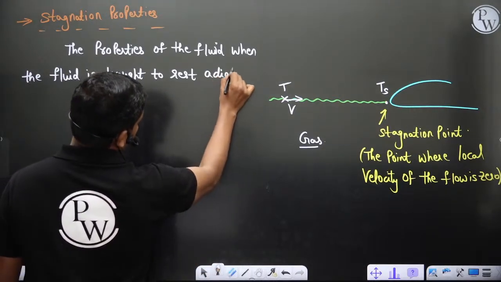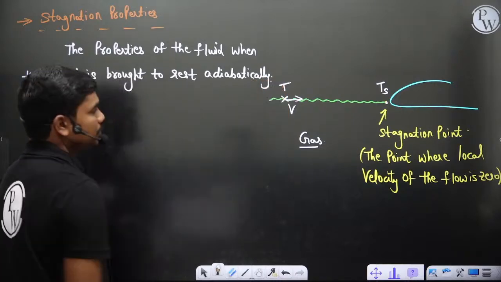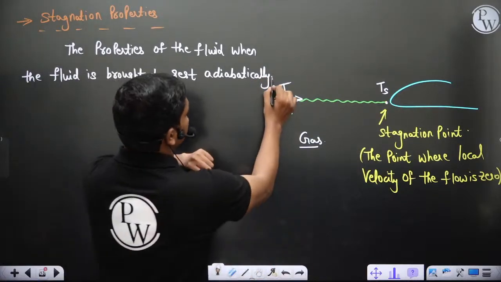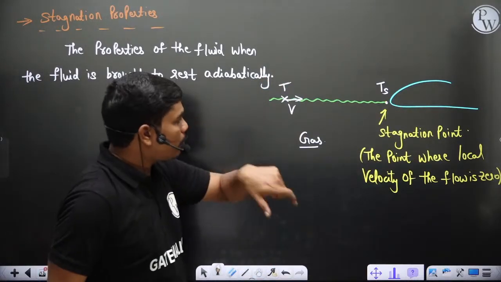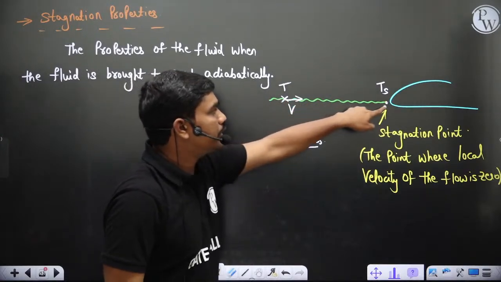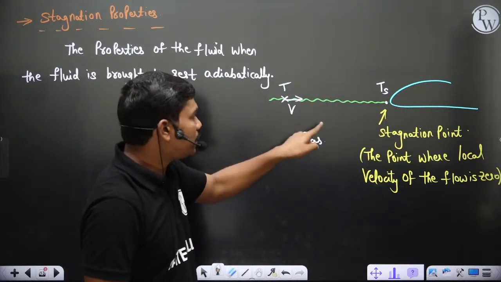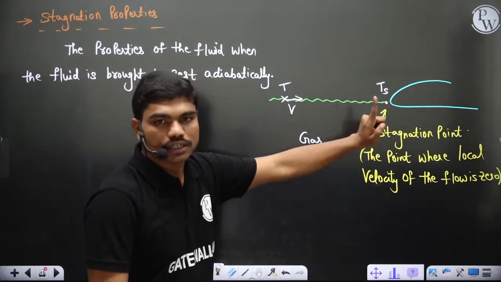Adiabatically means if from this point you can bring this fluid to rest without making this particle lose heat to the surroundings, then we say the properties at this point are called the stagnation properties.